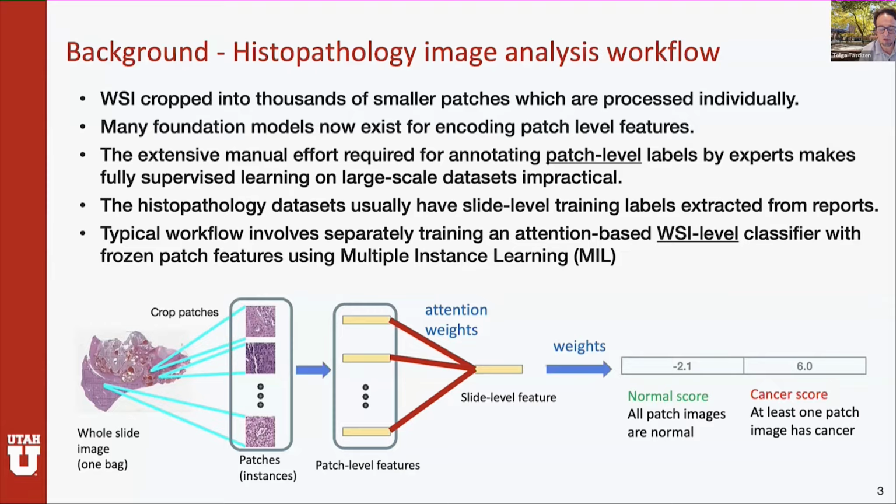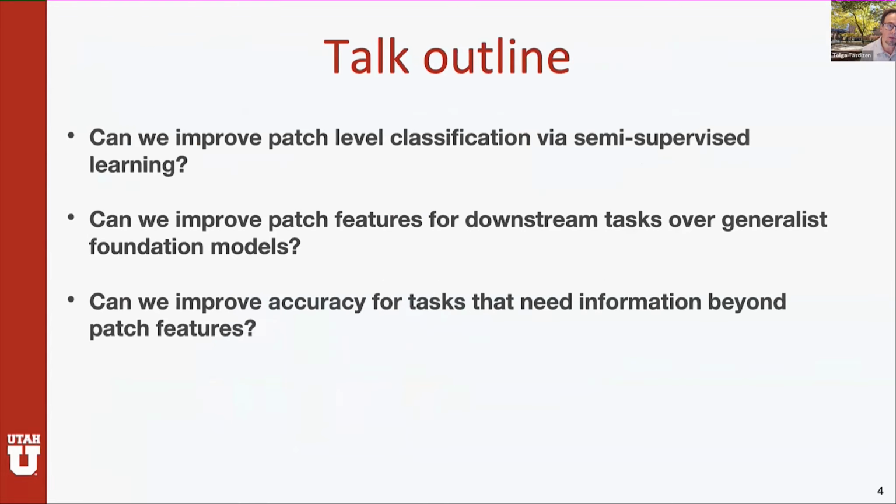So the typical workflow in histopathology usually uses slide level training labels, which can be extracted readily from reports, right? And then keeping the patch level encoder frozen, typically a slide level classifier is trained using multiple instance learning.